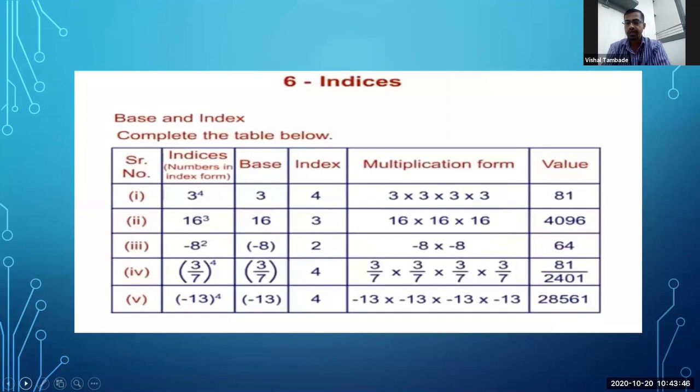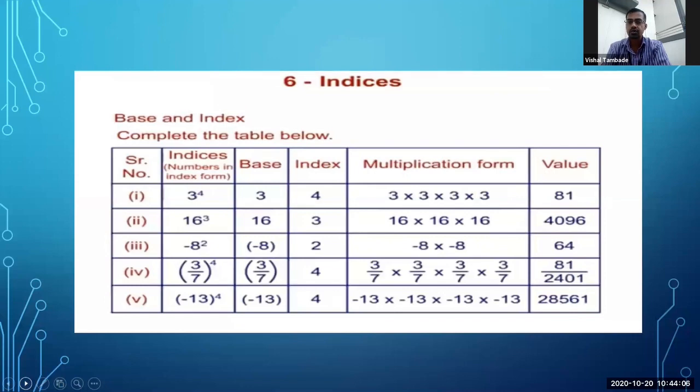In our revision we looked at base, index, multiplication form and value: how to recognize the index, how to recognize the base, how to write the number in multiplication form and also find the value. It is so easy to find the base and index. If the number is at the bottom, then it is the base.